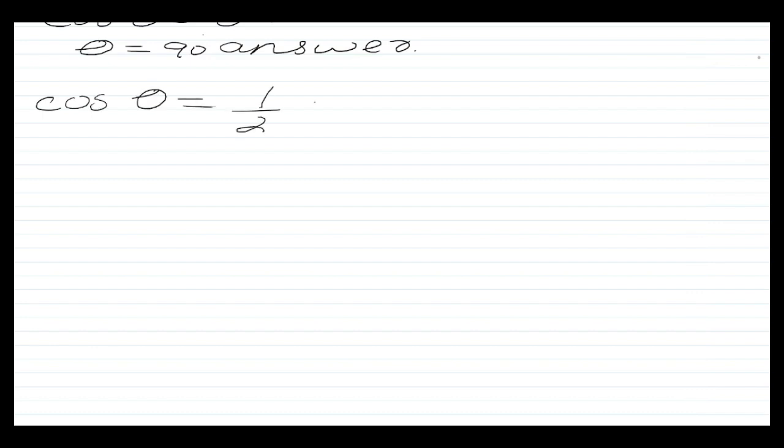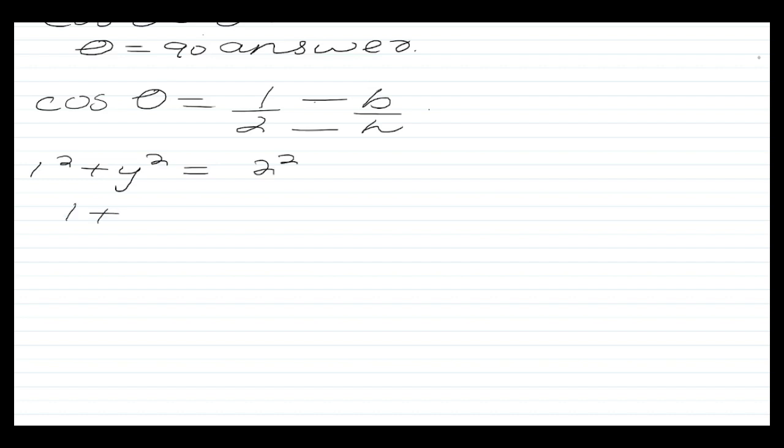Now what is the formula of cos? That is base divided by hypotenuse. So that means that the value of base is 1 and the value of hypotenuse is 2. But we aren't given the value of the perpendicular, which we will call y. So by using the formula of Pythagoras theorem, we can say that 1 square plus y square is equal to 2 square.